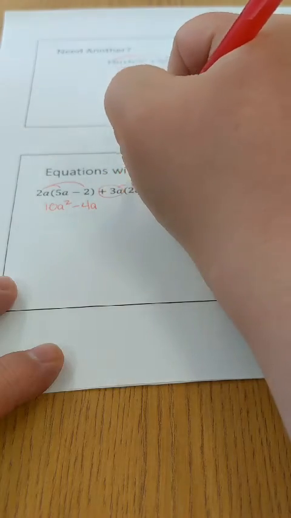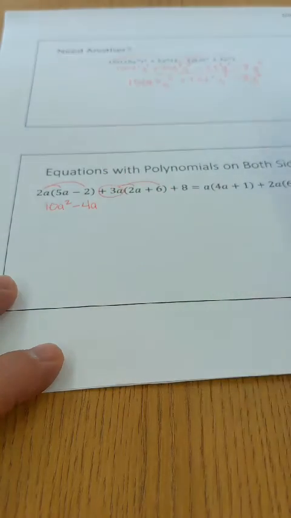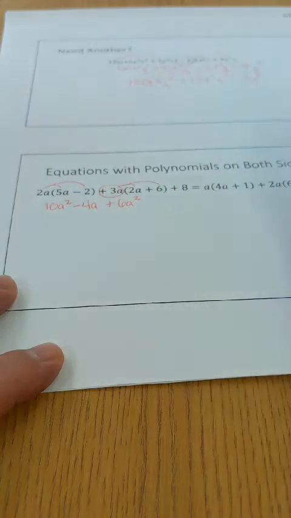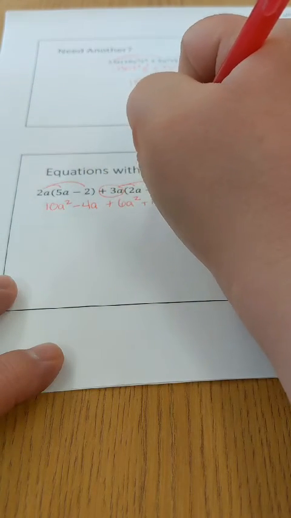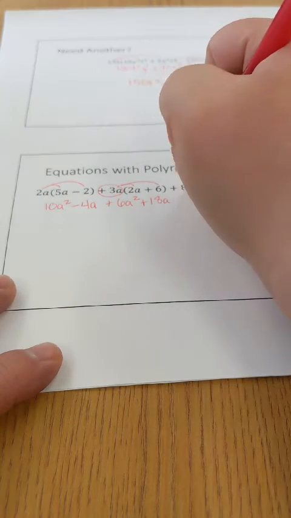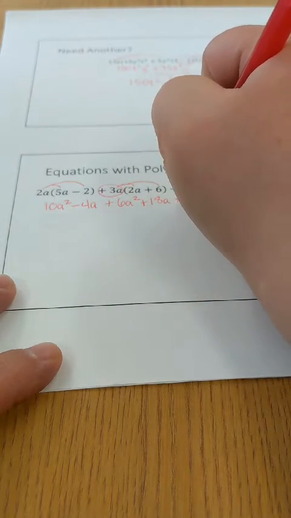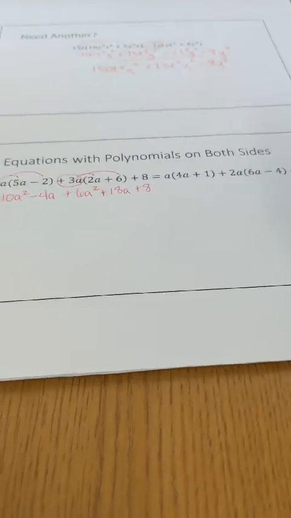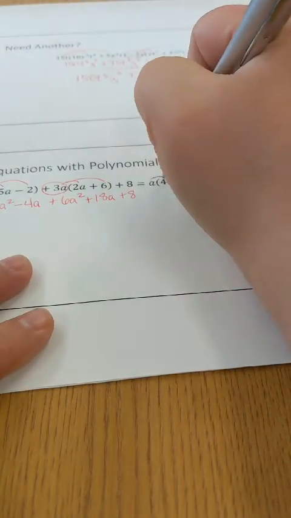Then we distribute this. So, then we have plus 6a to the second plus 18a. And then this is just by itself, so we just write that there. And I'm going to switch colors just so I can keep the sides separate. Okay, so then we distribute that.